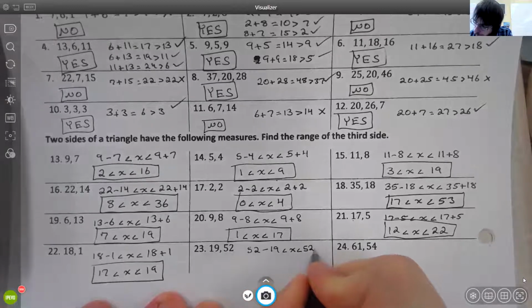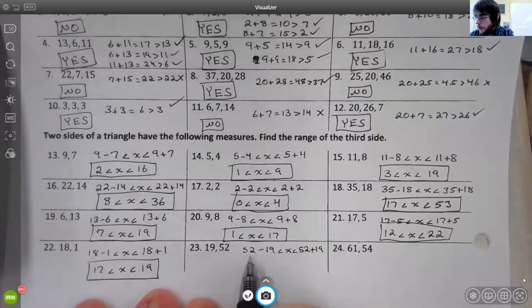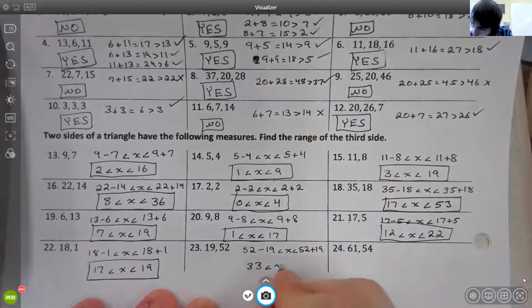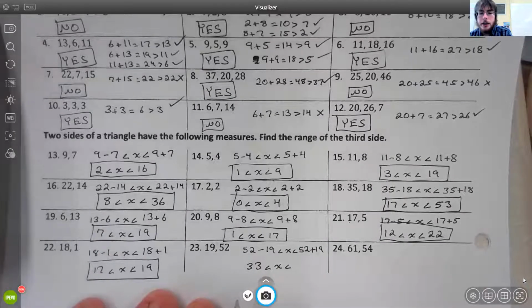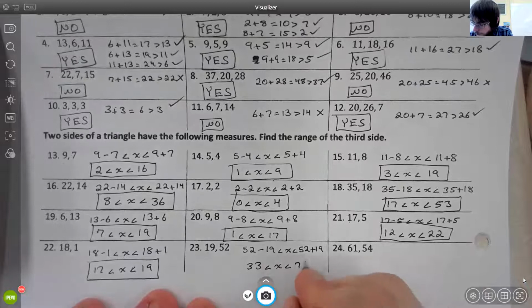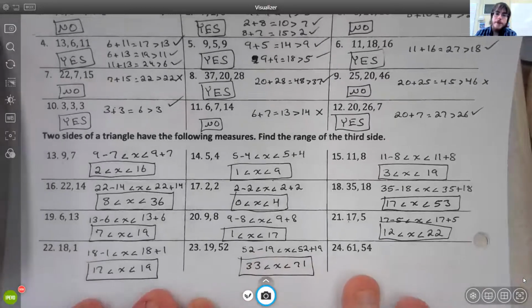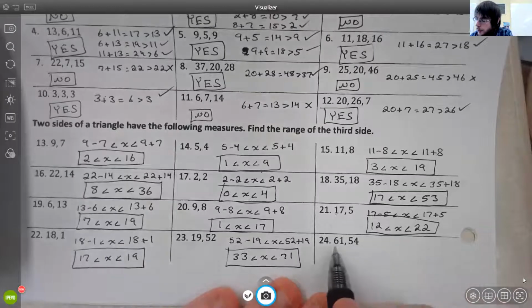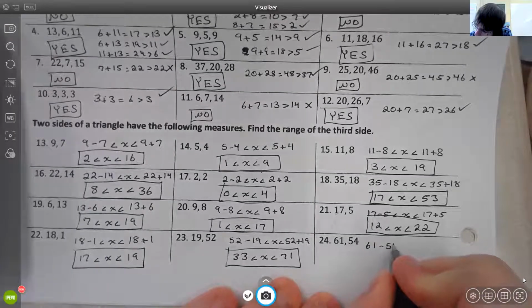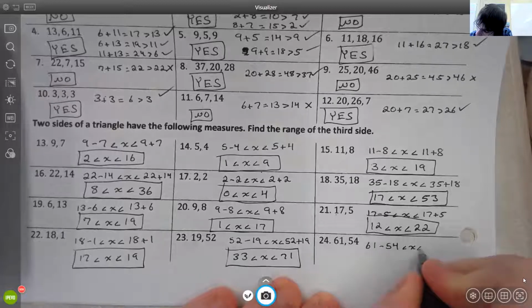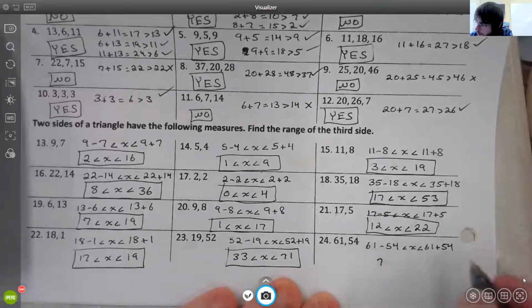Then we're going to take 52 and add 19. 52 minus 19 gives us 33. And then 52 plus 19 gives us 71. And then finally, number 24, 61 and 54, we take 61 and subtract 54, and we take 61 and add 54. 61 minus 54 gives us 7. And then 61 plus 54 gives us 115.